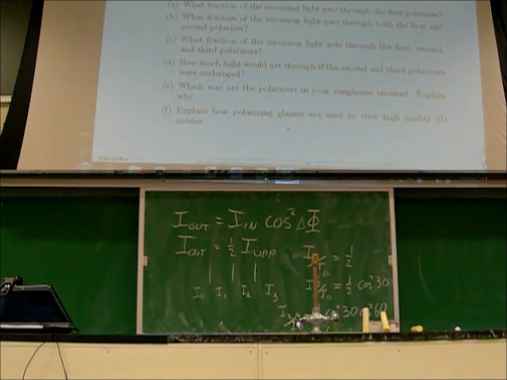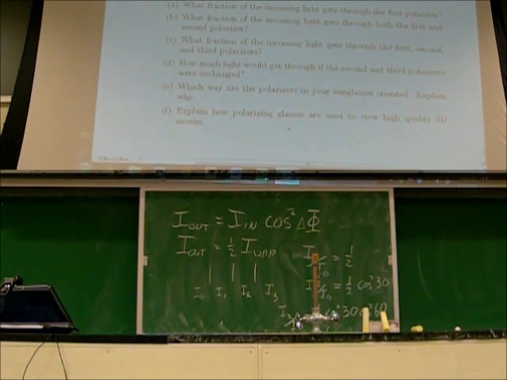So you just take the first and divide it by whatever factor you're going through. Okay, I have some questions back here. No, it's cos squared of 30 times cos squared of 60. So each one of them is a factor.